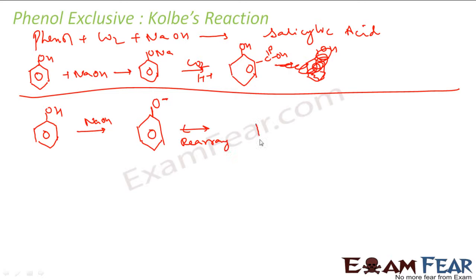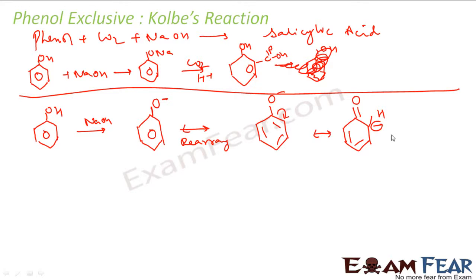If I break this bond into plus and minus like this, I'll get a double bond here. And this will be my negative charge, and this is obviously H here.